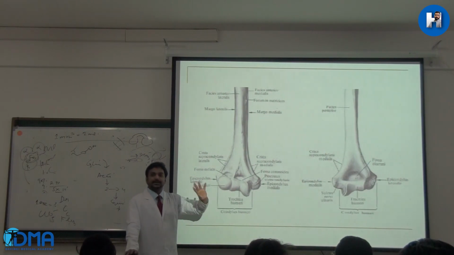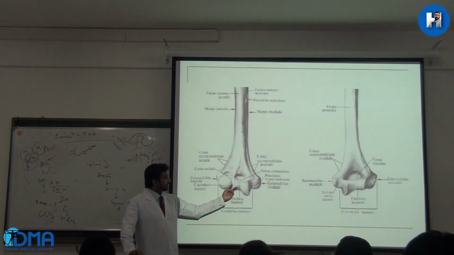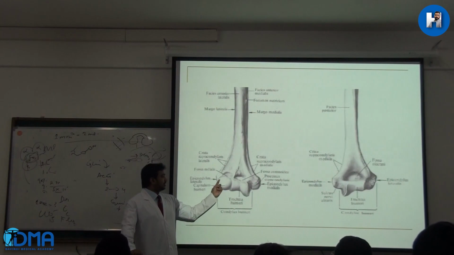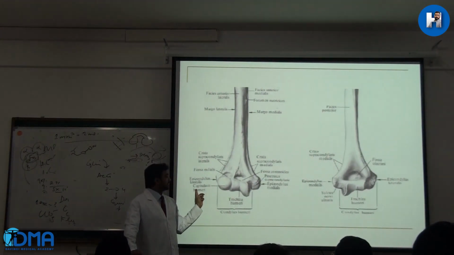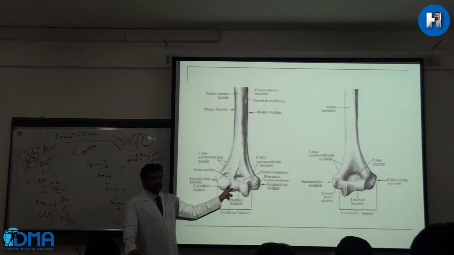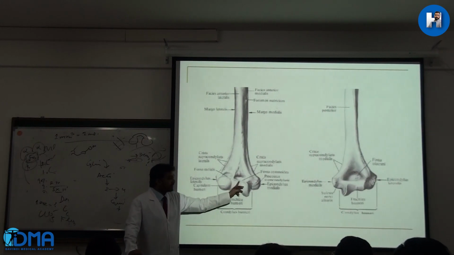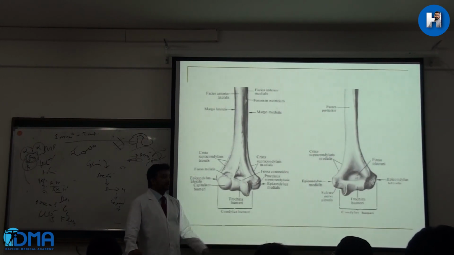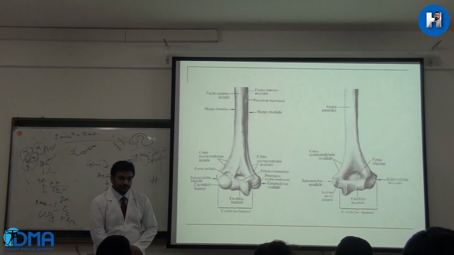So the structure of the condyle is modified over here. Instead of a condyle, on the lateral side we call it the capitulum of the humerus. And there is a gap, or a sulcus, over here. After that you get a structure we call the trochlea of the humerus.